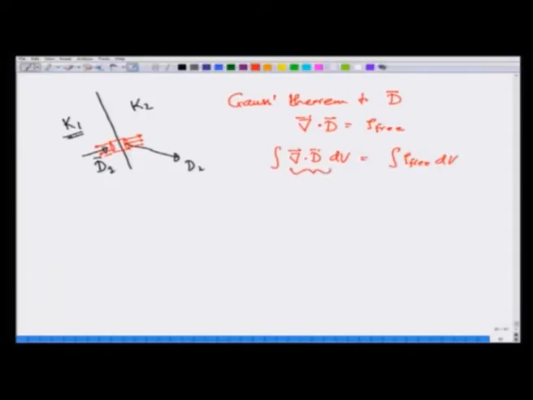This I can write as the surface integral of D dot dS equals the integral of rho free dV. Now, I let the size of this box become smaller and smaller.